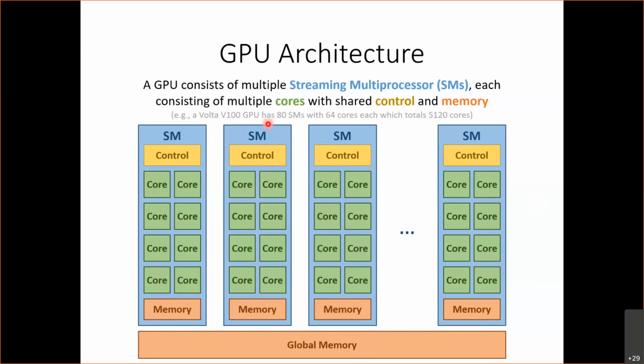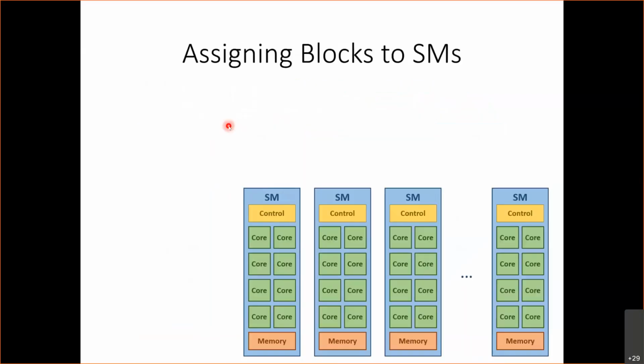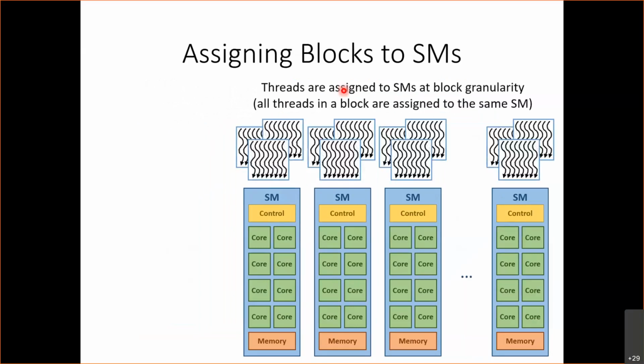Now the question is, how do we run the code that we wrote? When we wrote code, we configured grids, and these grids were divided into blocks, and these blocks were divided into threads. So how do we take these blocks and threads and run them on a GPU? The way it works is that threads are assigned to SMs at a block granularity. What I mean by block granularity is that every thread block is assigned to an SM.